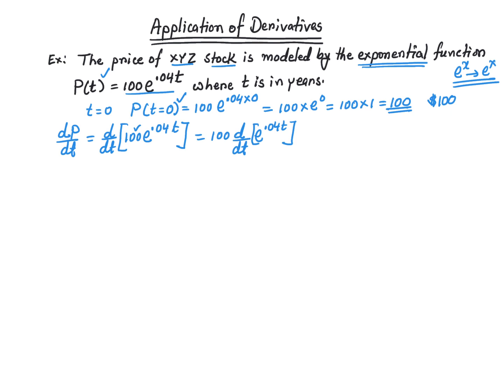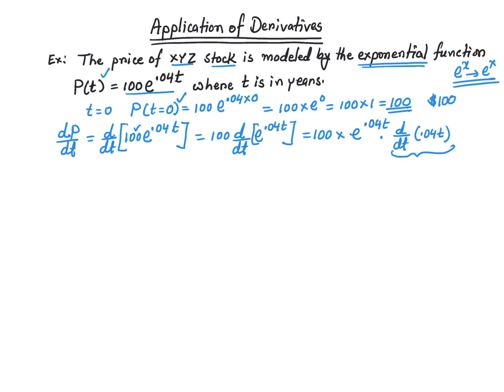So using the chain rule, I take the derivative of e to the power 0.04 t, which is e to the power 0.04 t, then I take the derivative of 0.04 t with respect to t, and this is the part where I use the chain rule.